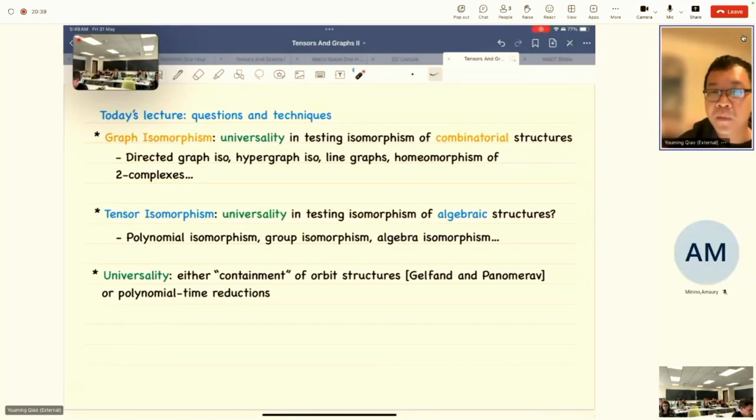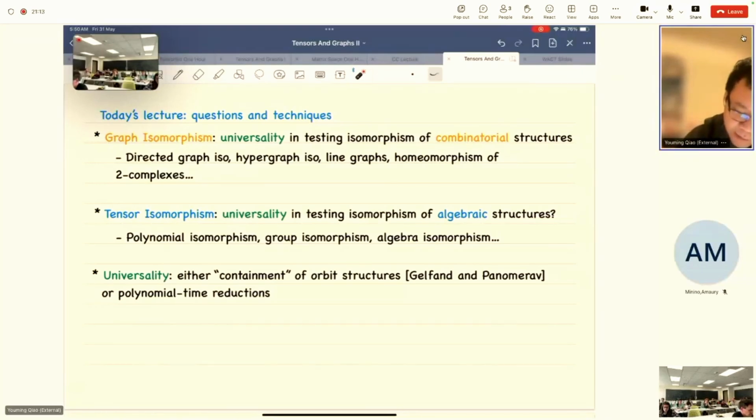It turns out these problems are polynomial time equivalent to the graph isomorphism problem. So most of the reasonable or even special combinatorial structures turn out to be polynomial time equivalent to graph iso. So this is the universality, right? Graph iso seems to be occupying a central position in all the problems, or at least in many problems, in testing isomorphism of combinatorial structures.